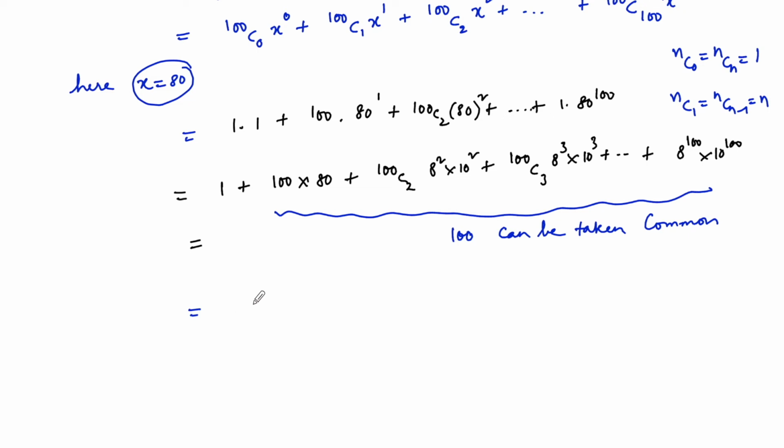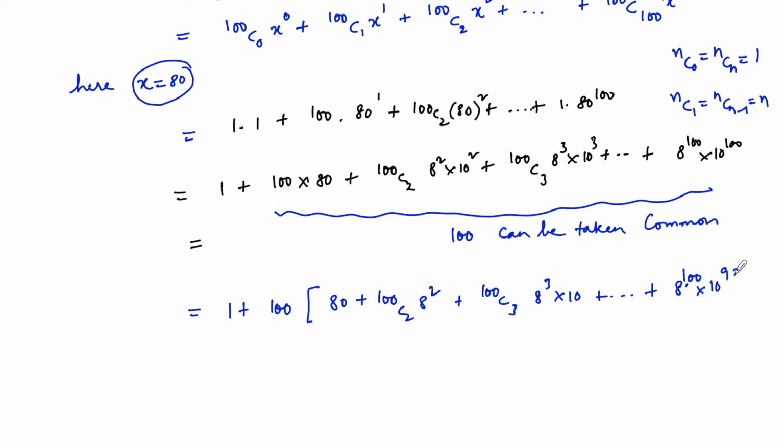So we can write 1 plus 100 times (80 plus 100C2 times 8 square plus 100C3 times 8 power 3 into 10, plus and so on. Here we can add 8 power 100 into 10 to the power of 98). Whatever this number is, let us consider it to be n.